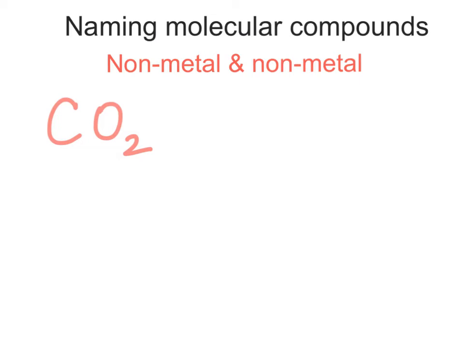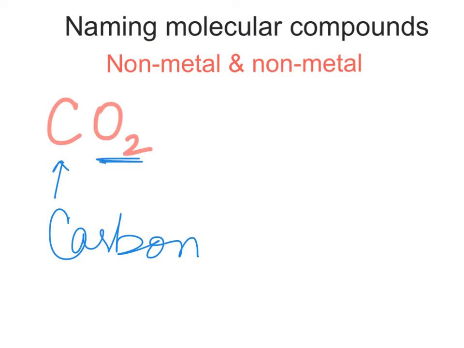So rules again are very simple. You first name this first guy here, which is carbon, so just write carbon. And here is oxygen. Now we have two of these, so we have to say di, right? And then oxygen, just like the ionic compound, right?